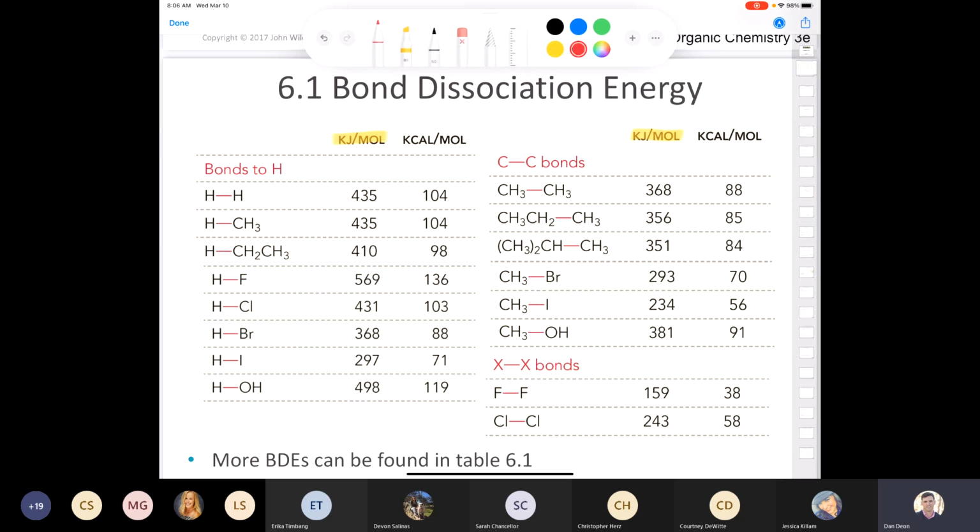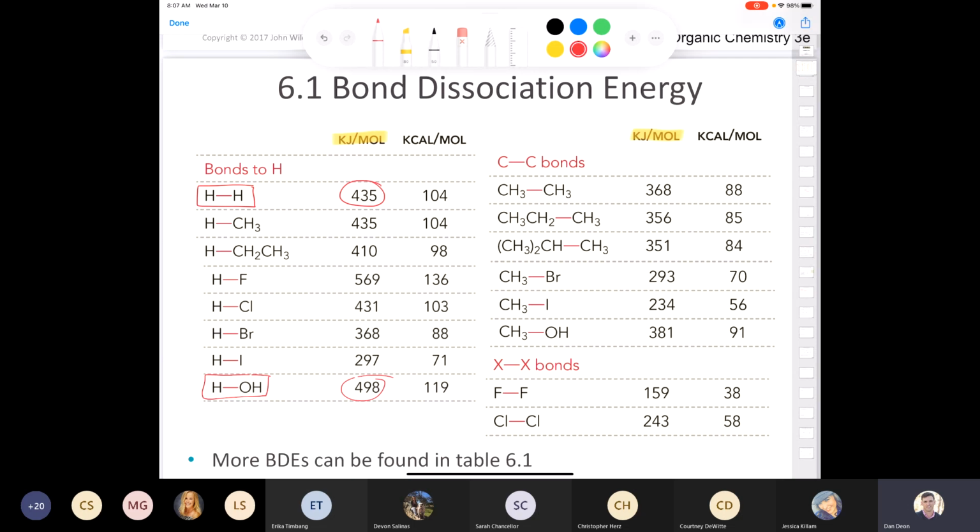So for example, if we just take a hydrogen bond, right, a bond between two hydrogen atoms, okay, not a hydrogen bond in terms of intermolecular forces, but if we look at the bond between two hydrogen atoms in the H2 molecule, we would have to put in 435 kilojoules of energy for every mole of H2 that we want to separate into hydrogen radicals. If you look at the hydrogen-oxygen bond in water, let's say, that takes even more energy. It takes 498 kilojoules per mole.